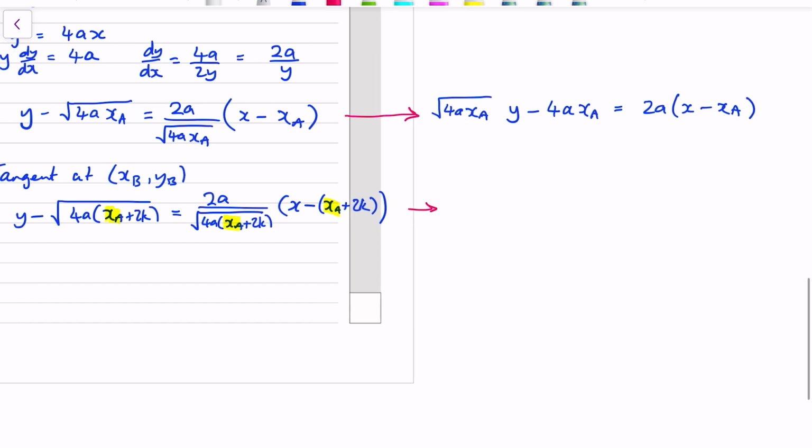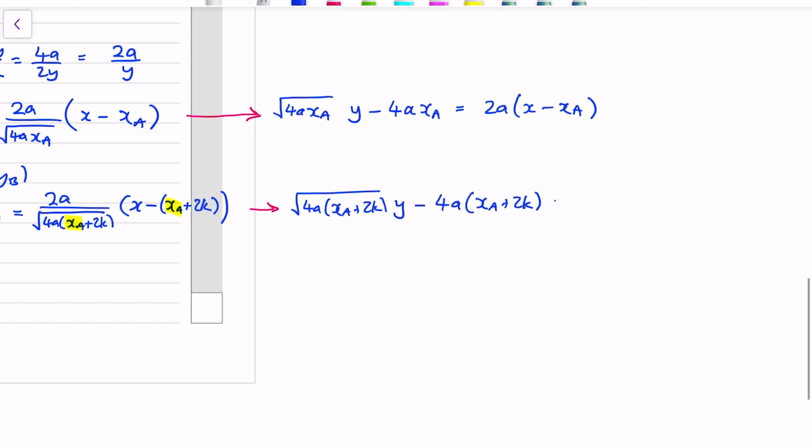Just tidy it up a little bit. Root 4a xa plus 2k times y minus 4a xa plus 2k equals 2a times x minus xa plus 2k. Okay, what are we going to do here? We need to find the points of intersection.